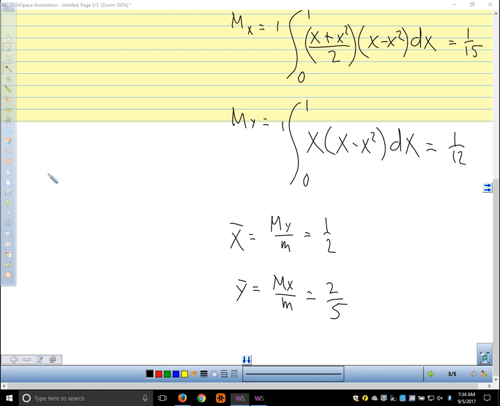So if you had a shape like this, you could divide it into rectangles. The center of mass of this one is going to be here. The center of mass of this one's going to be here. The center of mass of that one's going to be there. You assume that the mass is all concentrated at the center of mass, and you can find the moment and the center of mass of something like that without integrating. You could integrate, but you don't have to.